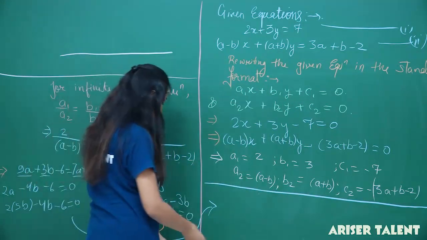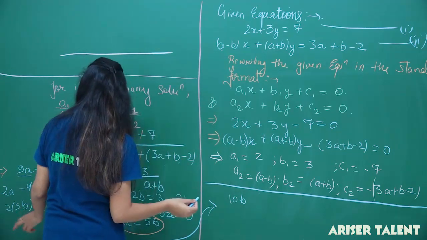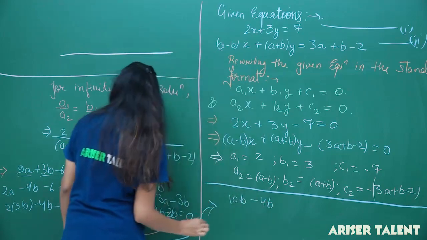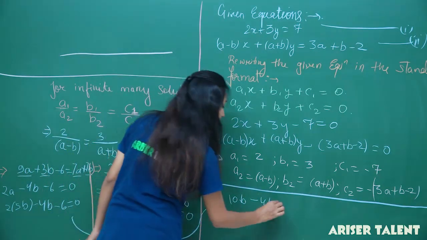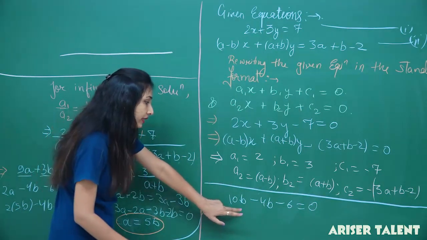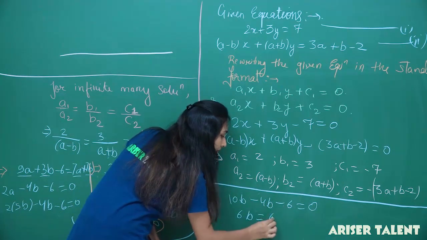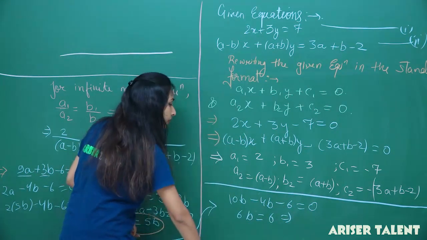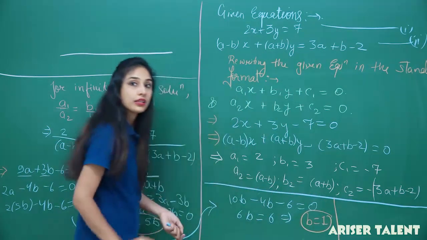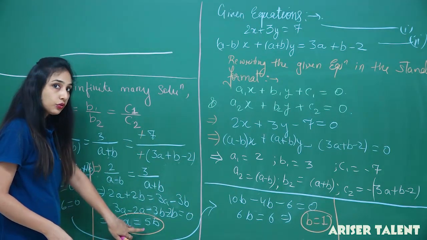That equation will become 10b, 2 multiplied by 5b is 10b, minus 4b as it is, then minus 6 equals 0. That means 6b equals 6, this implies that b equals 1. Okay, now a equals 5b, I have concluded.